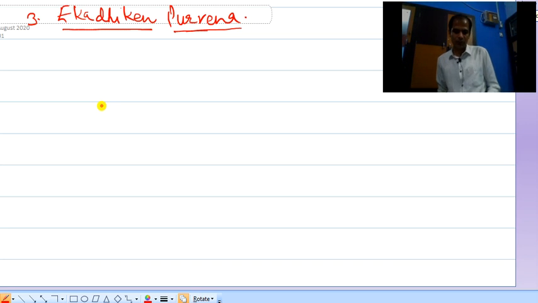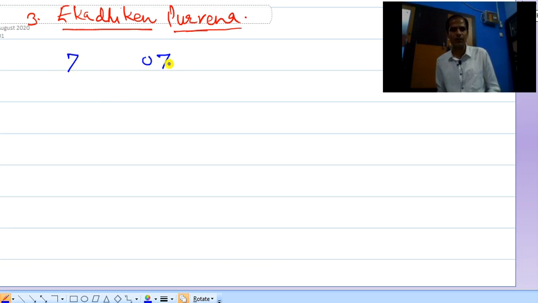So from the table on page number 27, this is the last table. Take a number: if the number is 7, then purvena of 7 means the digit that appears before 7 in this number. 7 can be written as 07.